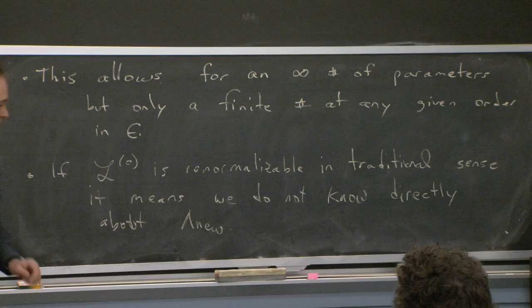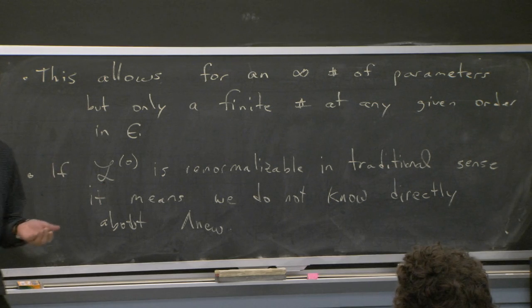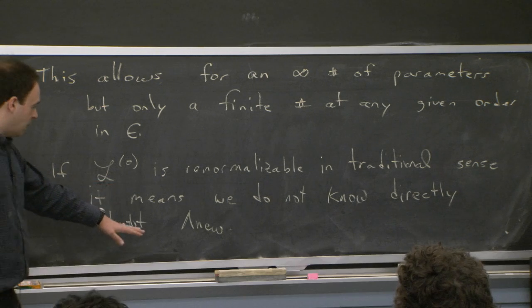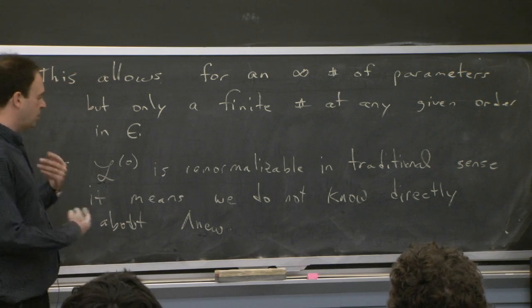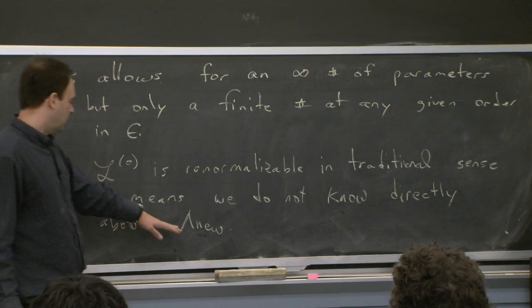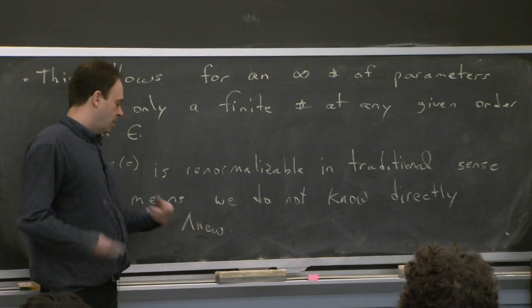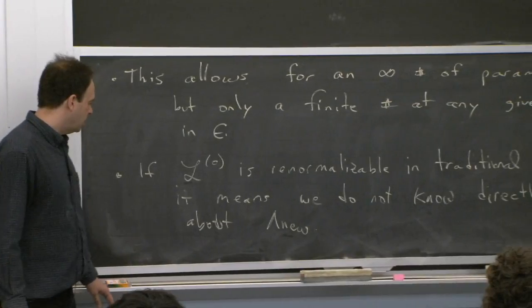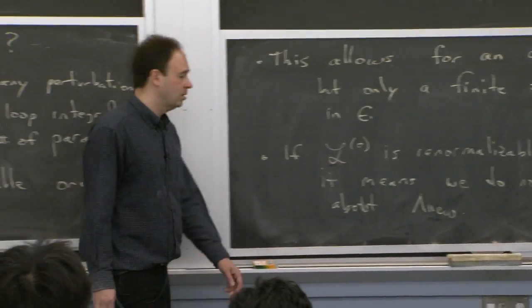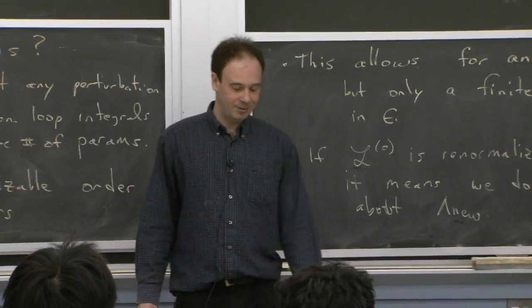Sometimes we'll be in a situation where, when we study the effective theory at lowest order in the Lagrangian, we really find that even in order to make sense of that as a quantum field theory, there's a scale that gets generated and it's part of our expansion, and there's some terms that we calculate with L0 that end up being higher order in our expansion, and we can't renormalize the theory unless we actually include higher dimension operators. Chiral perturbation theory is an example of that type, and that's an example that we'll treat. So it's not always the case. In the Standard Model, where it's renormalizable in a traditional sense, that's a special case, though it's an important one.